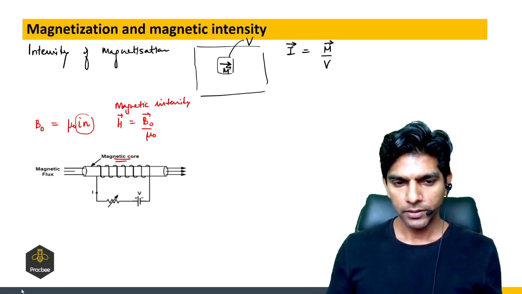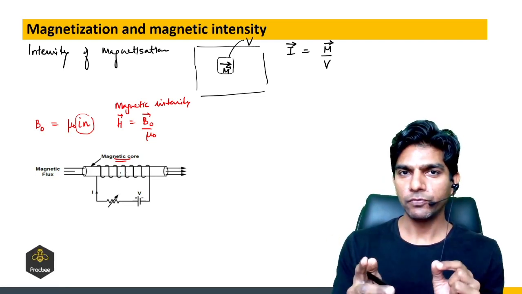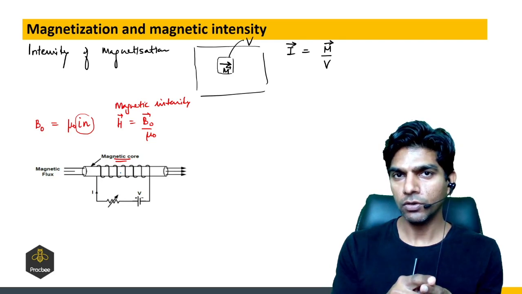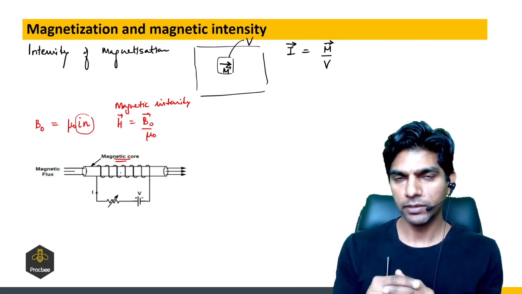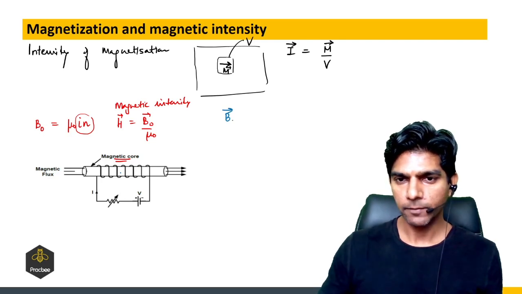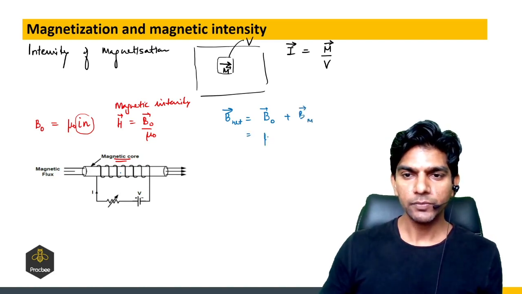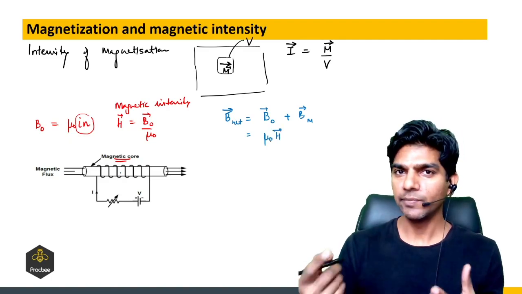Let us see. Inside the core, we have magnetic field by the current in the solenoid and due to the magnetization, right? So the net magnetic field inside will be the magnetic field due to the current plus the magnetic field due to the magnetization. And this B naught is nothing but mu naught times H, where H is the magnetic intensity.